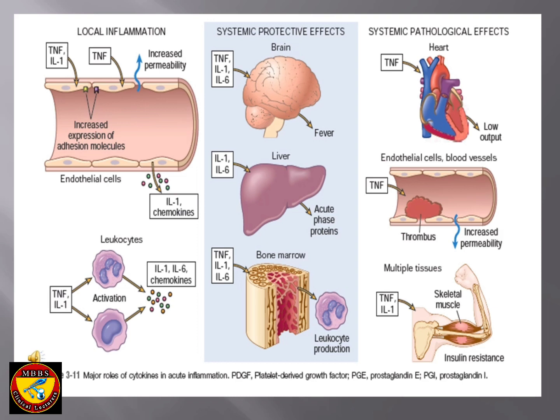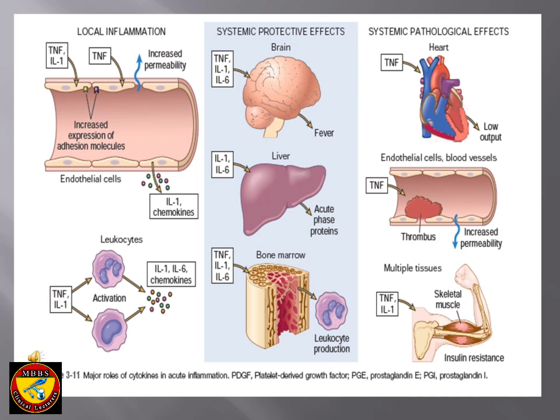And these help in degradation of the microorganisms and forming the antibodies. For every purpose we need proteins, right? So it increases acute phase proteins. Then on bone marrow it acts as a leukocyte productive mechanism. It increases leukocyte production. So this is the systemic protective effect.